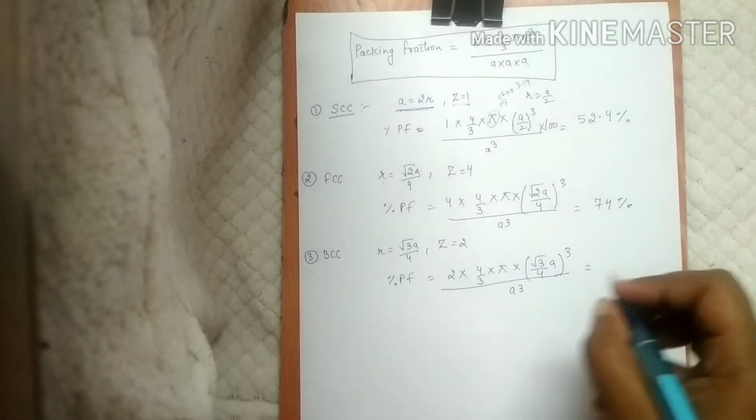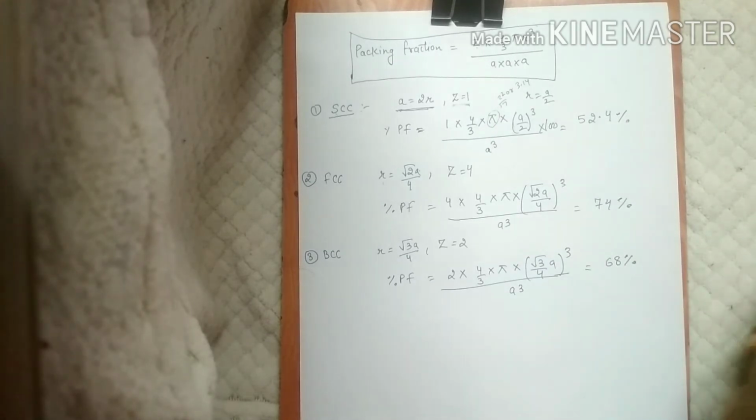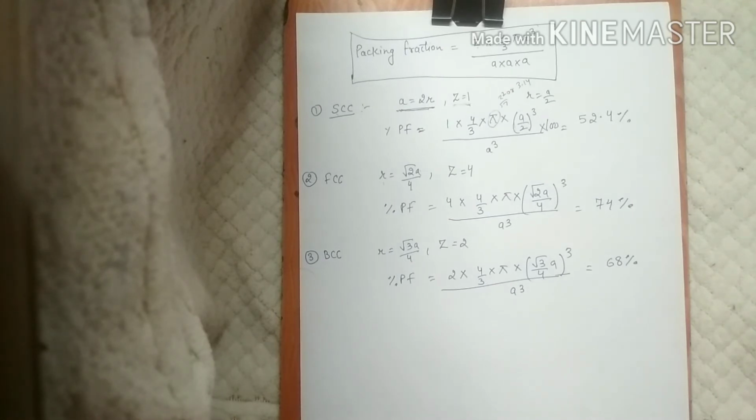If you solve this, you will get 68%. So these are the percentages of packing fraction in case of SC, FCC and BCC. This way you can also calculate the percentage packing fractions of end CC, edge CC and DCC.